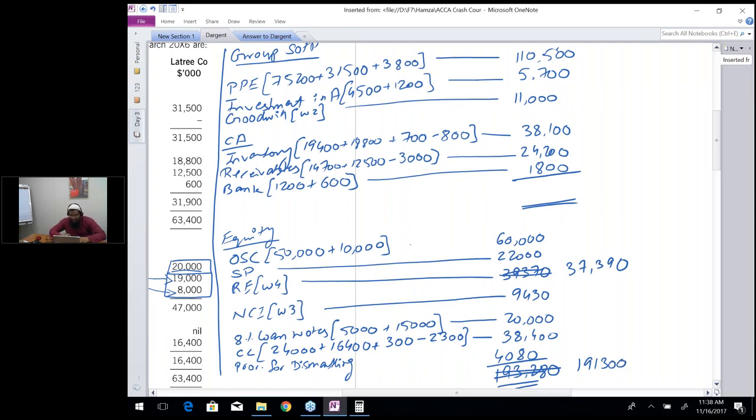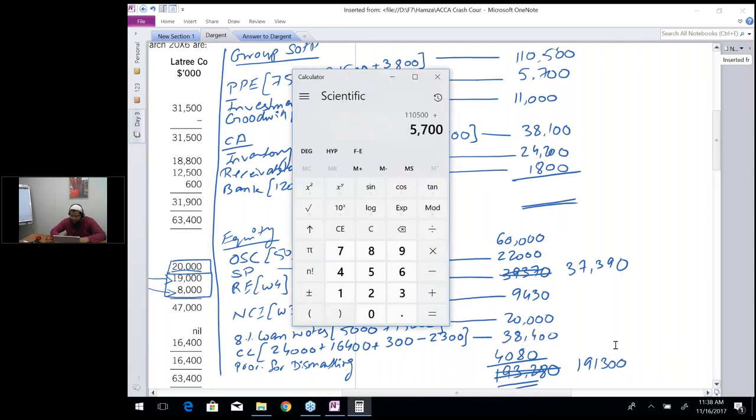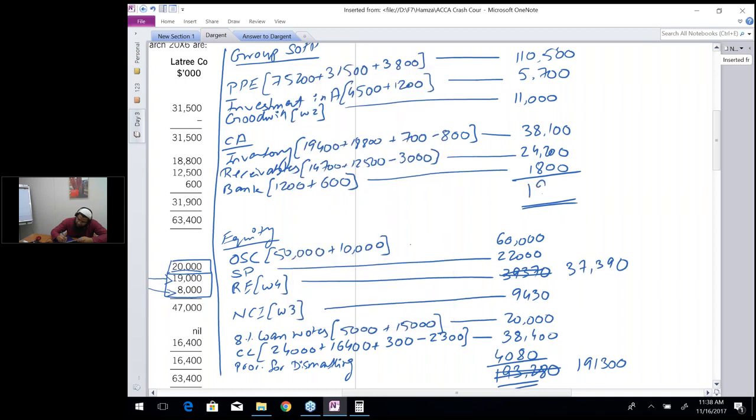Okay, now let's calculate the debit side. 110,500 plus 5,700 plus 11,000 plus 38,100 plus 24,200 plus 1,800 is going to give us 191,300.